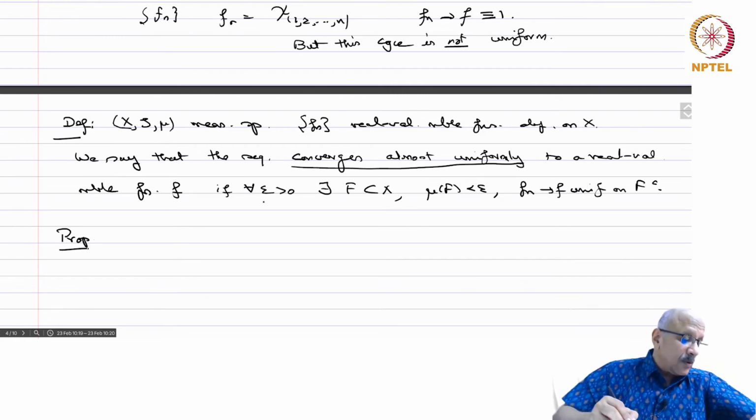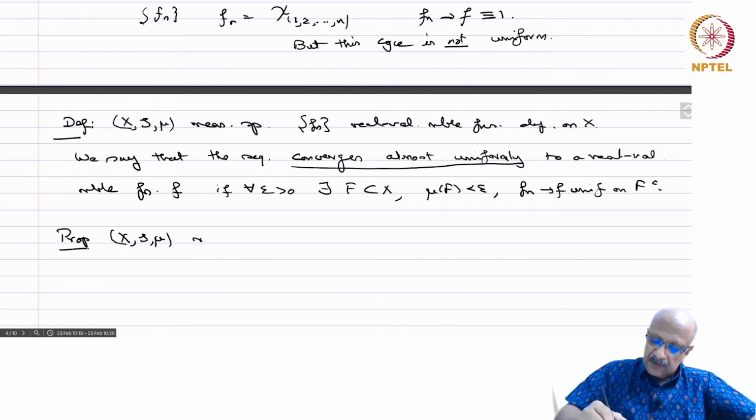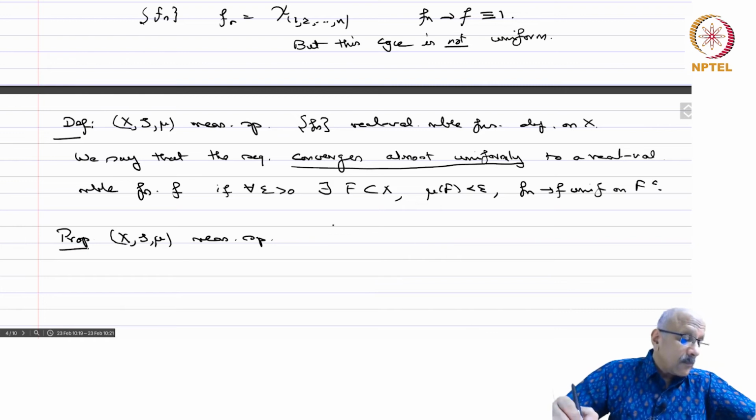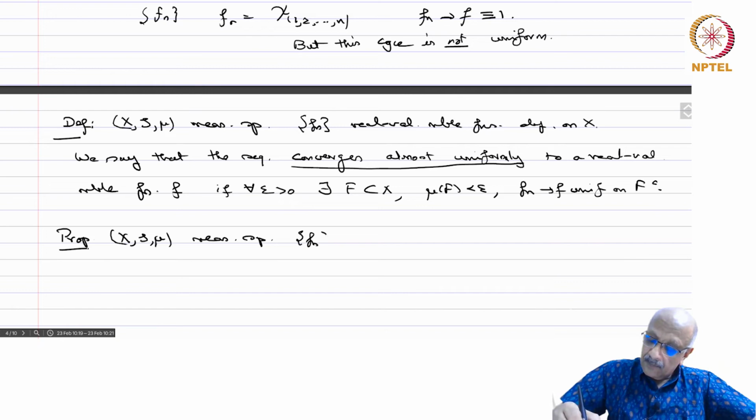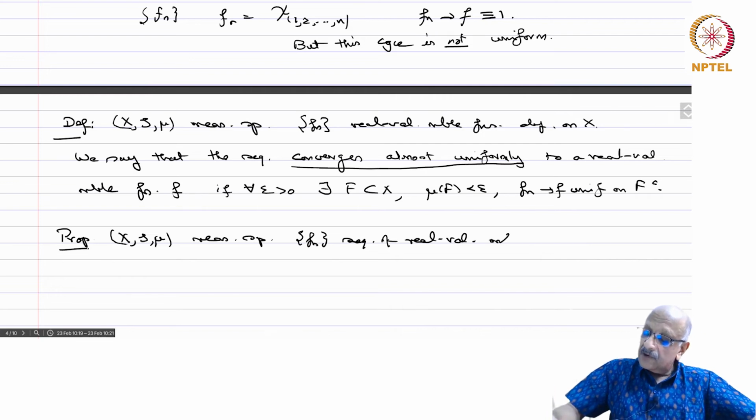Let X, S, mu be a measure space, and fn a sequence of real valued measurable functions.